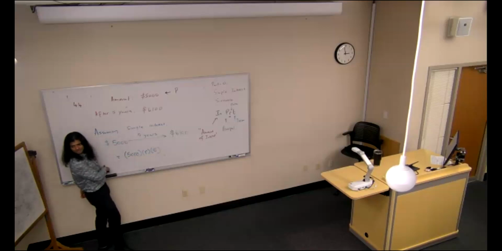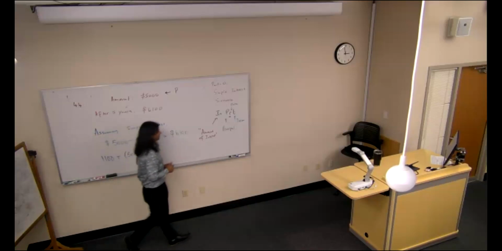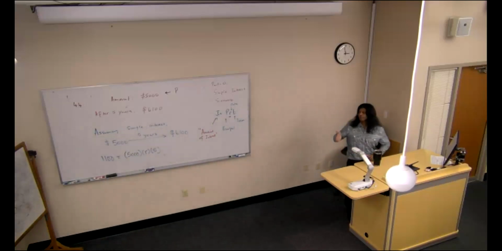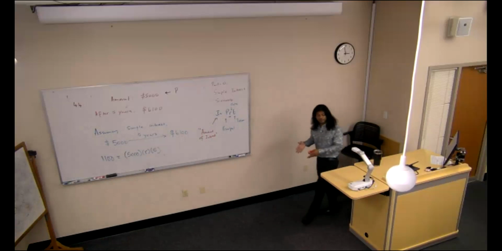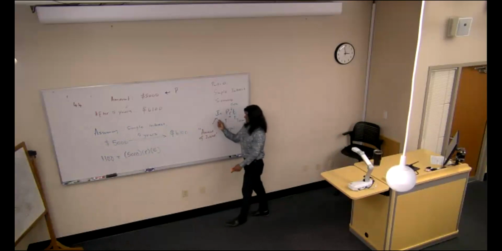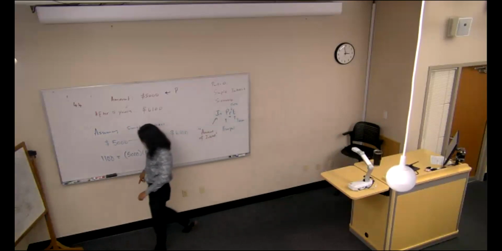No, 1,100. The simple interest formula only gives you the amount of interest. It does not give you the final amount. So this is not the final amount, rather it's just interest by itself.